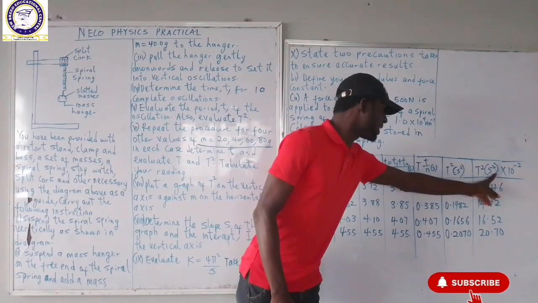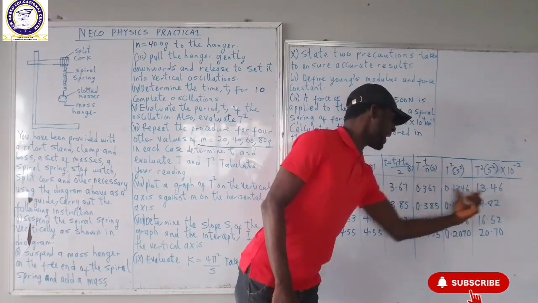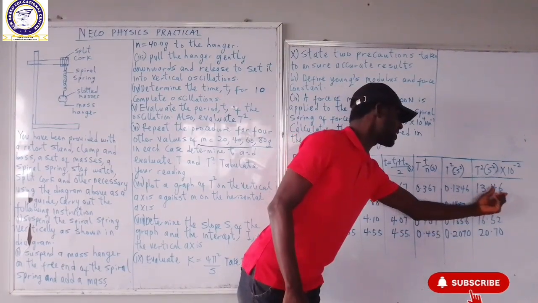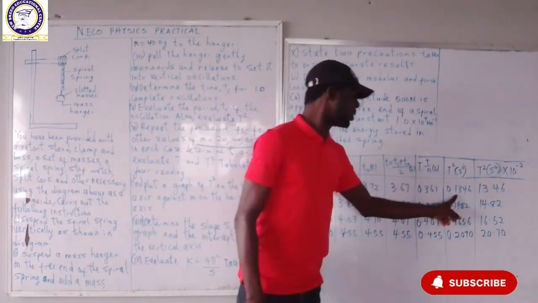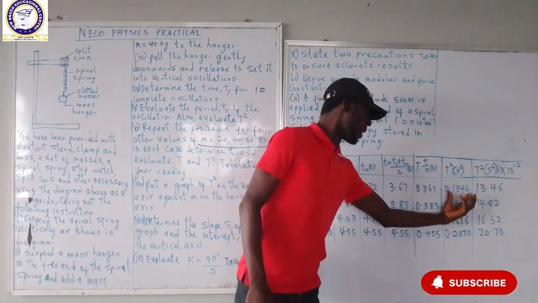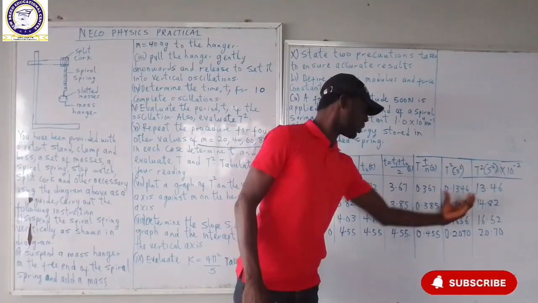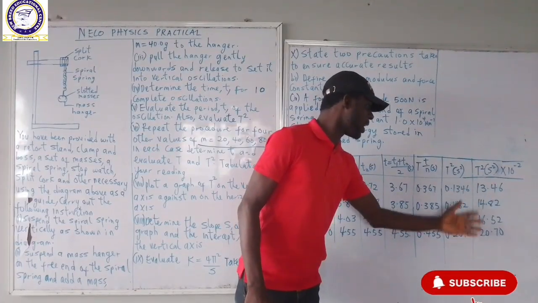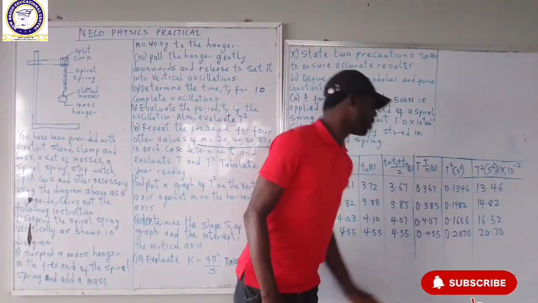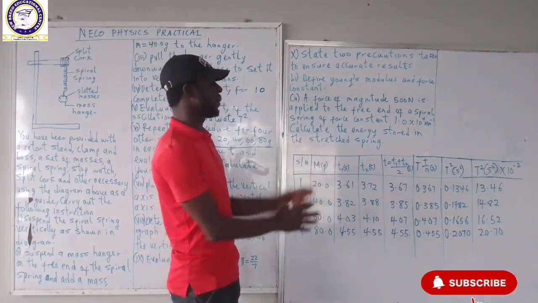But note that here you are going to say times 10 to the power minus 2, because 13.46 times 10 to the power minus 2 is still the same thing as 0.1346. So we multiply all these values by 100, with 10 to the power minus 2, so that it is equivalent to the T squared. So here we have gotten our table that can help us to plot our graph.